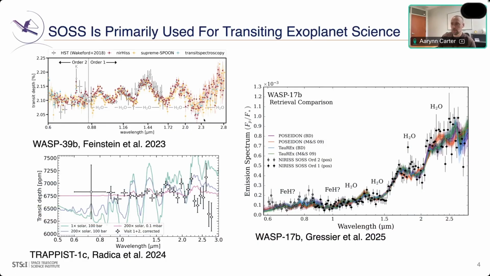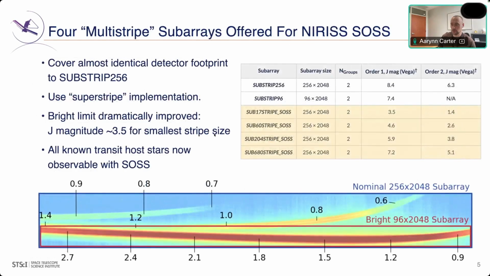So for cycle 5, we introduced these 4 multi-stripe subarrays for NIRISS SOS. The idea is that they cover an identical detector footprint to the substrip 256, which is the standard subarray for SOS, using the superstripe implementation of multi-stripe.